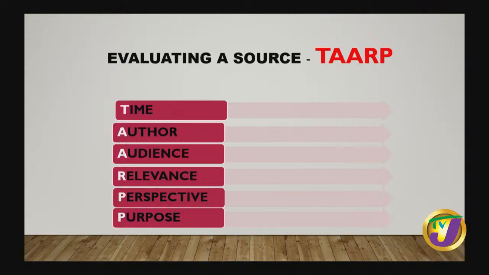And this will help you when you find a source and you want to know if it passed the test of being scholarly and or reputable. So, T for time, A for author, A for audience, R for relevance, P for perspective, and the other P for purpose. So, let's go.